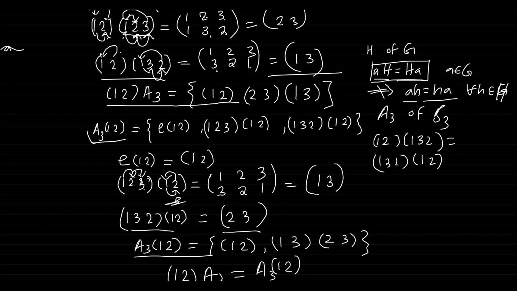We know that (1 2)(1 3 2) is equal to (1 3) and (1 3 2)(1 2) is equal to (2 3). These two cycles are not equal. Here these two products are not equal, but we have the cosets (1 2)A3 equal to A3(1 2).